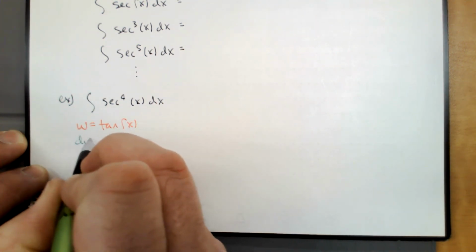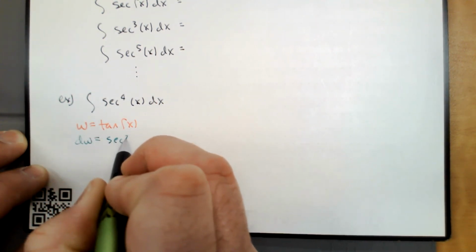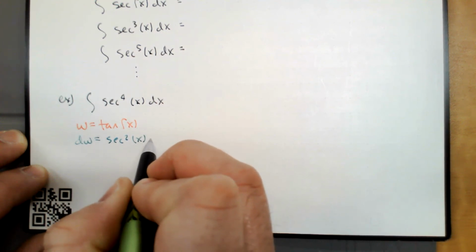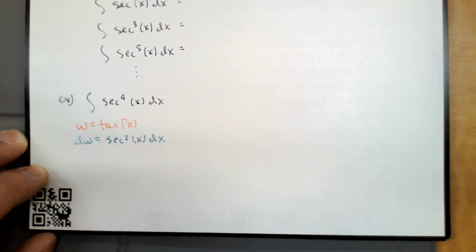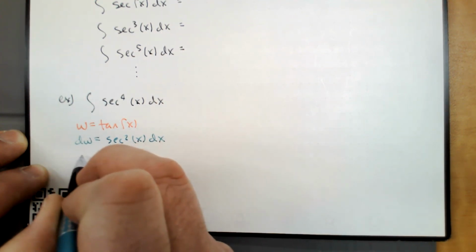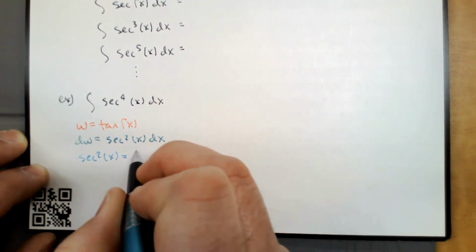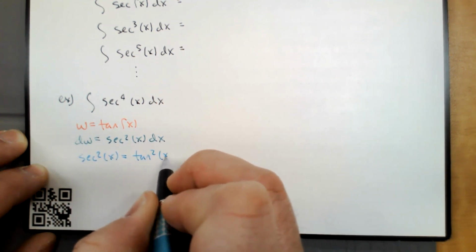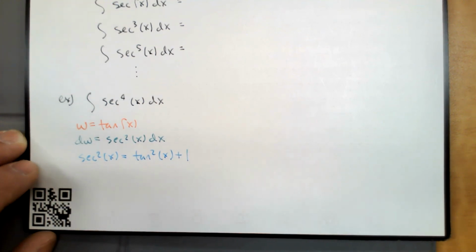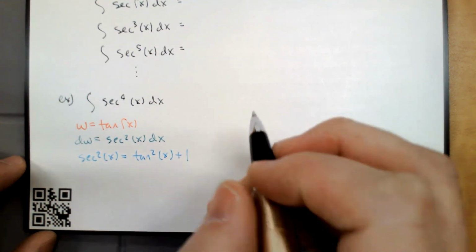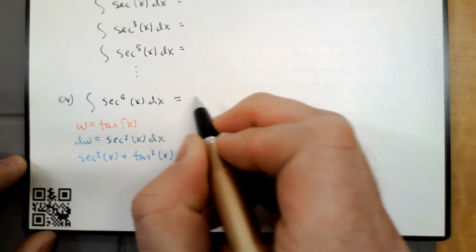dw is secant squared x dx. And then the other secant squared is where we're going to get some tangents. So I'm going to split the secants two at a time.